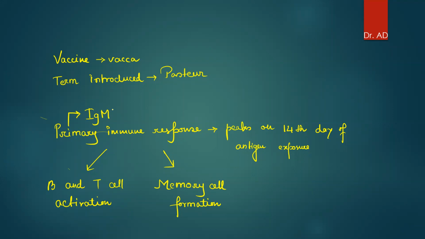So now we'll talk about vaccine and its types. This is where questions come from. You need to know what are the various types of vaccines available. Okay. So first we'll start with natural live vaccines.